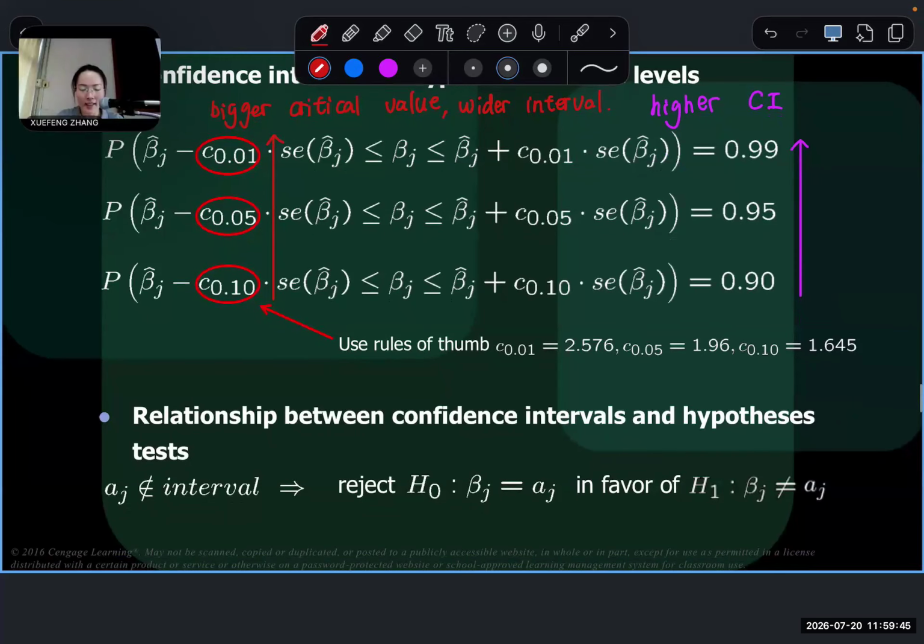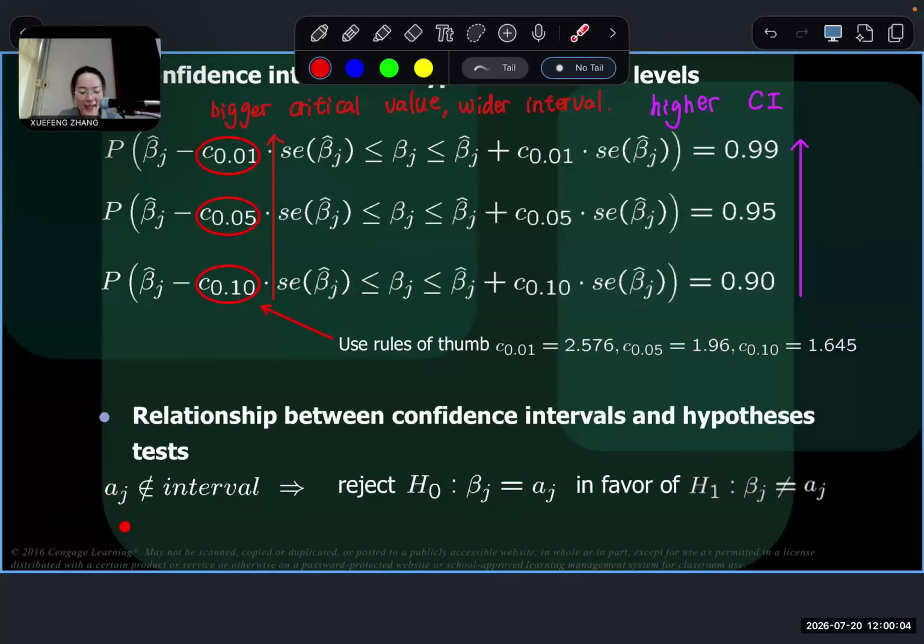Let's see the connection to what we already learned, okay? Confidence interval and hypothesis testing. They are really two sides of the same coin, okay? Two sides of the same coin. Let's see the rule.